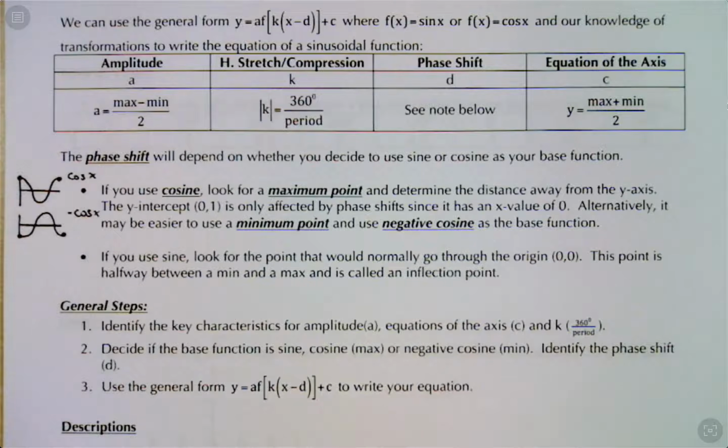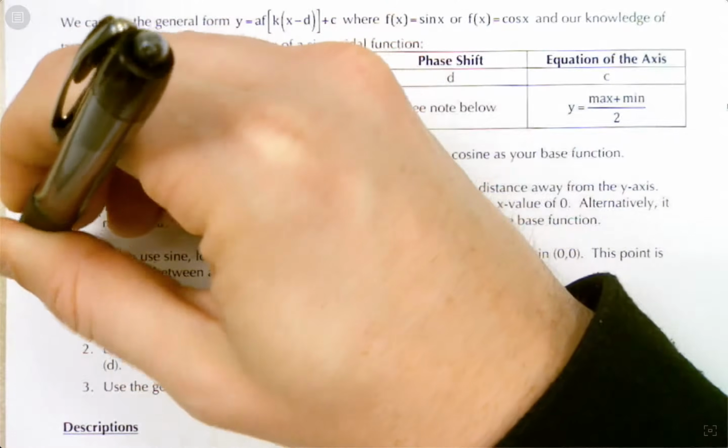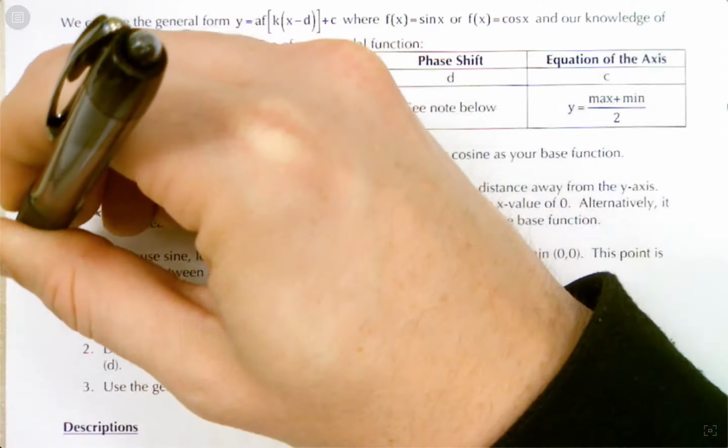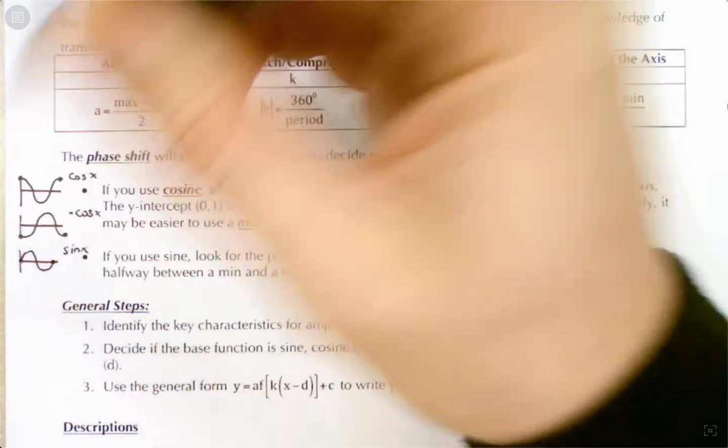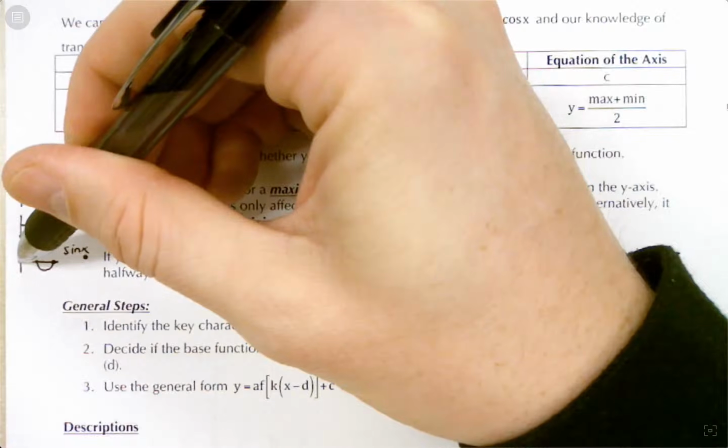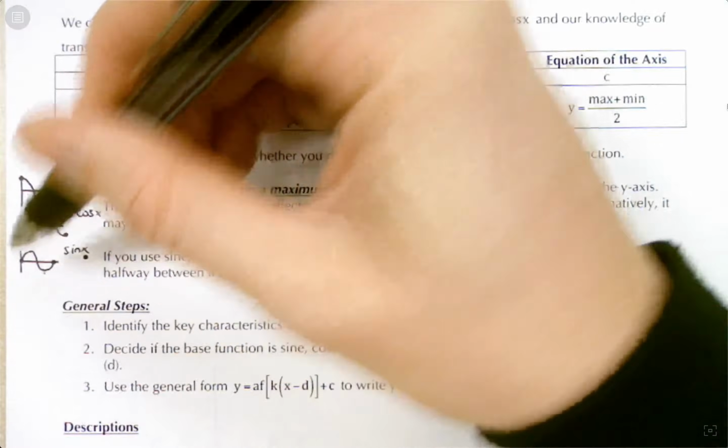Now, when would you use sine? Well, you'd use sine when the graph appears to start at an equilibrium point. So in the middle of the max and min, sometimes also called the inflection point. Because if we remember what sine looks like, sine starts in the middle, goes up, then down, then comes back up. And it appears to start in between the max and the min, going up.